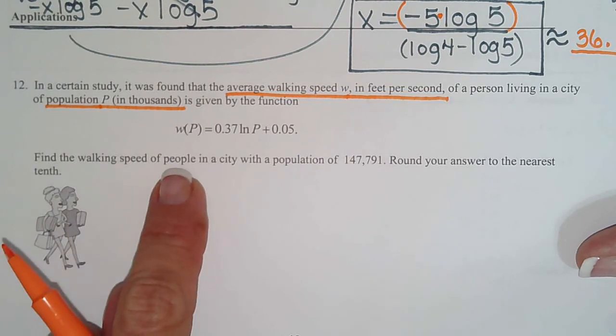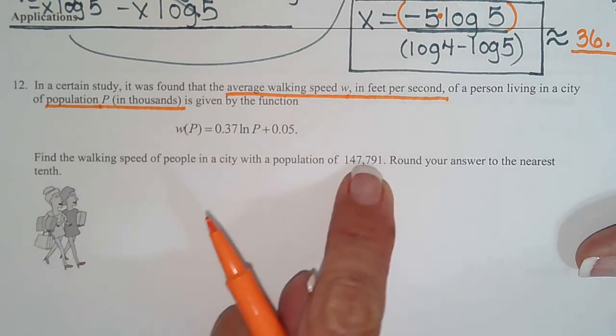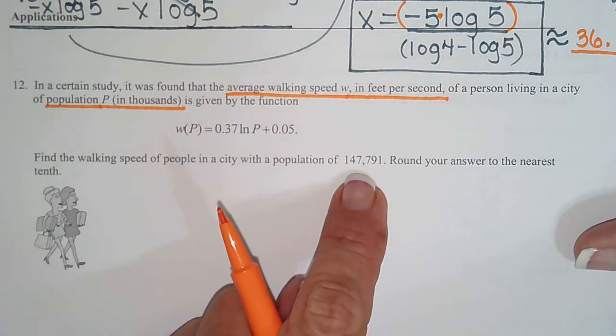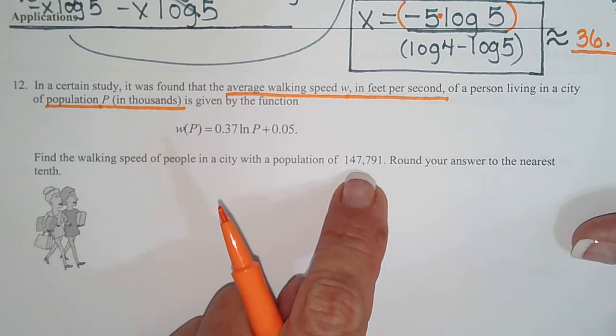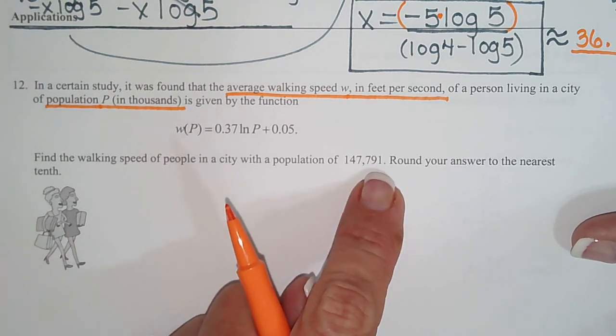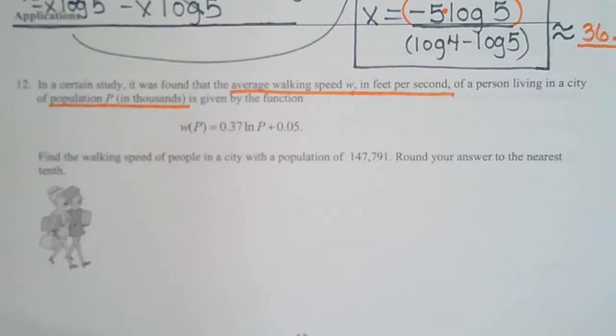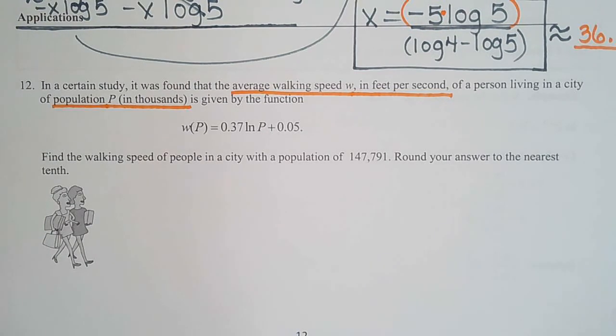Find the walking speed of people in a city with a population of 147,791. Round your answer to the nearest tenth. So, looking for the population P in thousands.